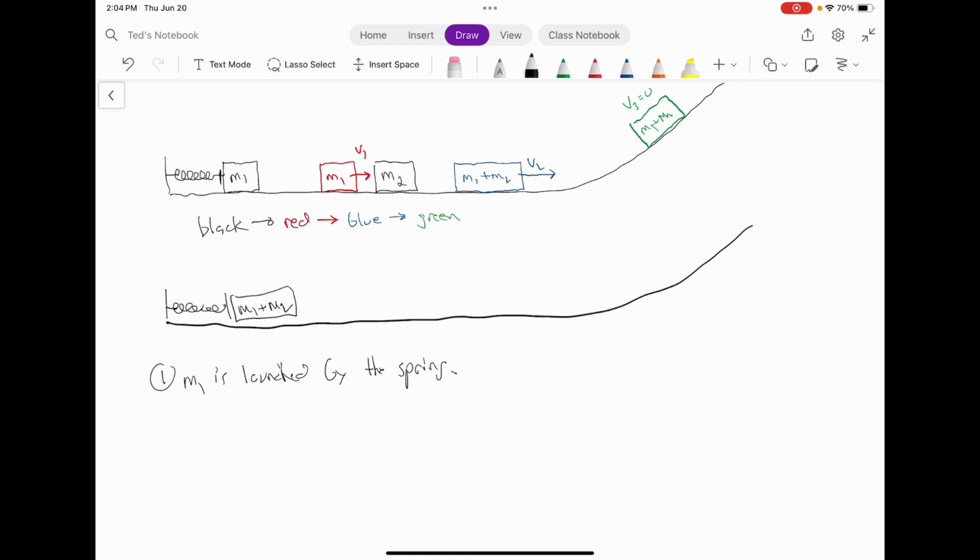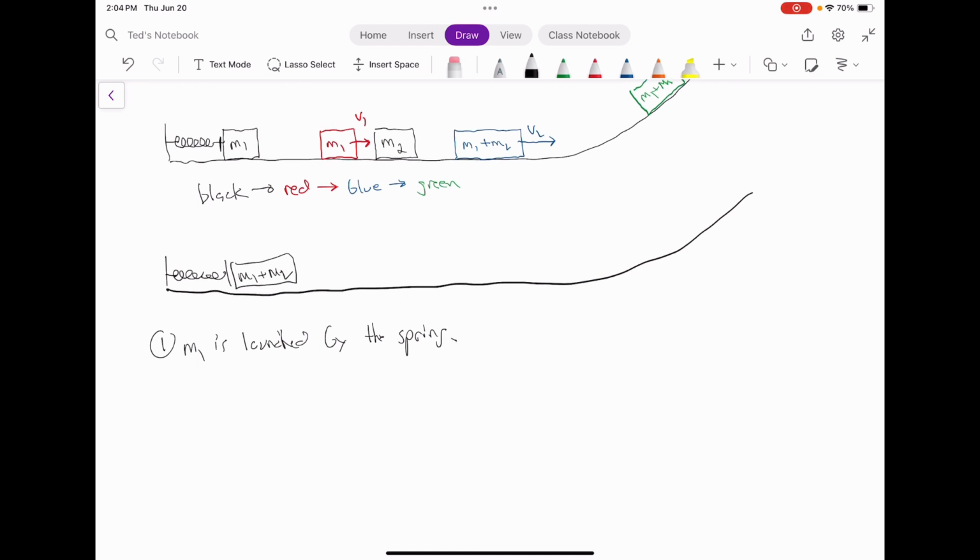Okay, so this is going to be solved using conservation of energy. And really, for a particle, because we really just have one object involved in this event.